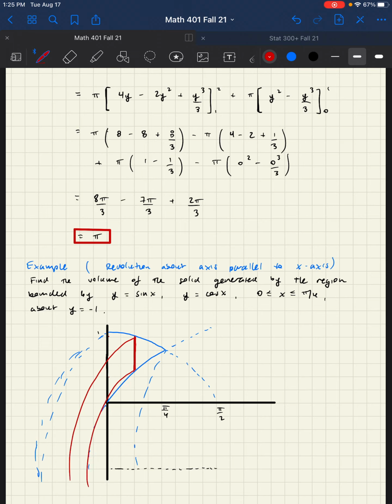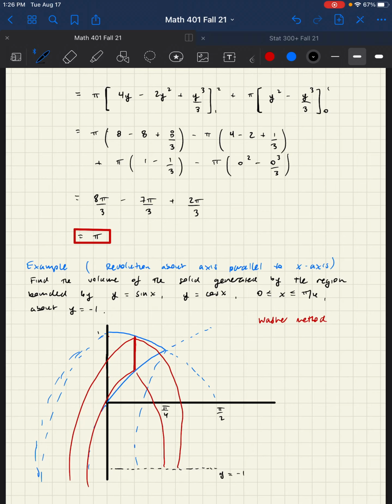It's going to get closer and closer and then come back around. I'm not known for my artistic ability. Okay, so here's the question then. This is an annulus. This is the washer method.